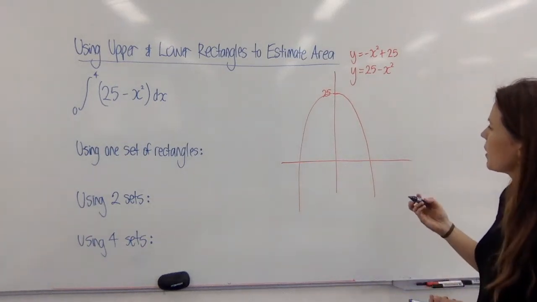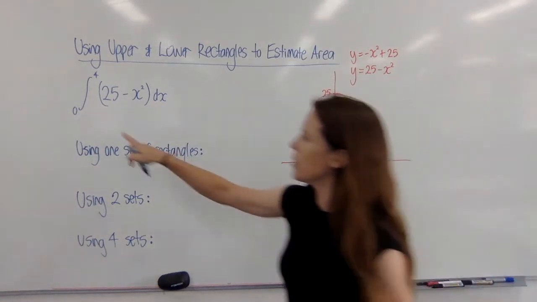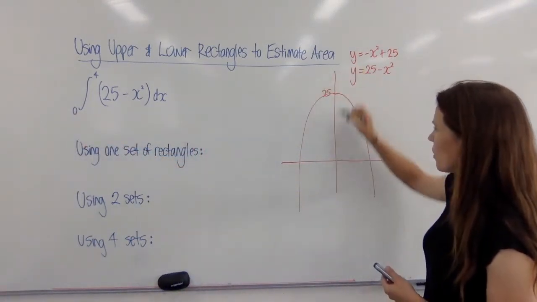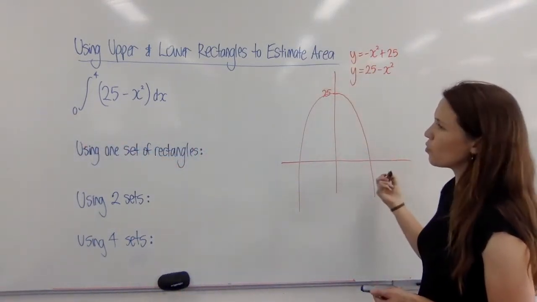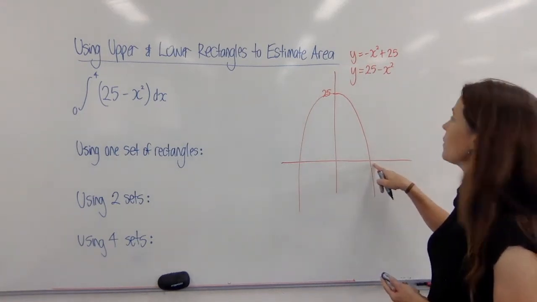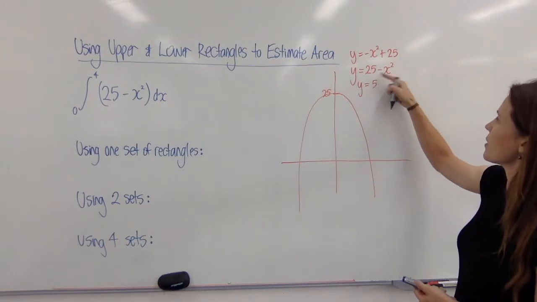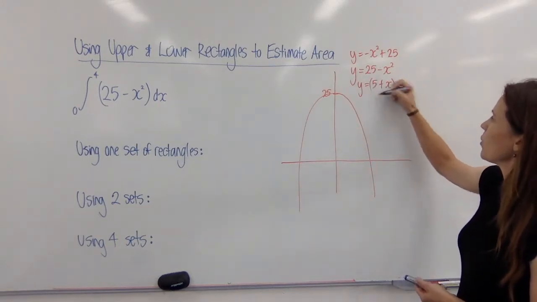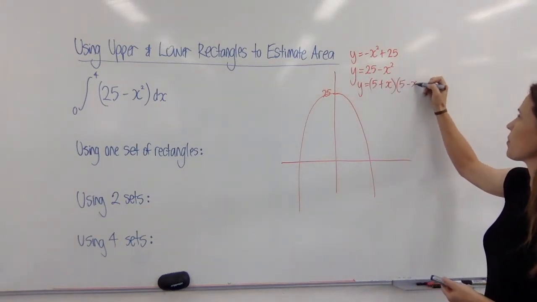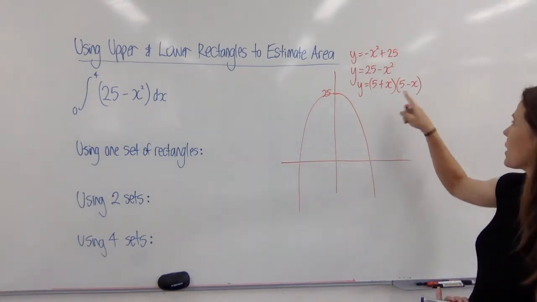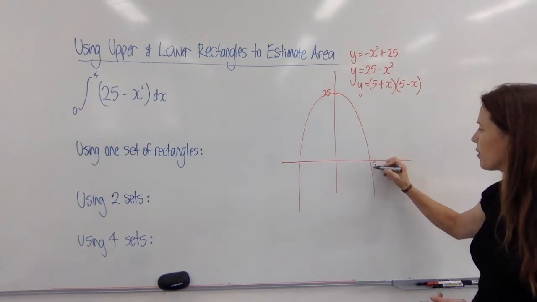Now, we want to find the area between the line x equals 0, which is just the y-axis, and x equals 4. So let's think, what's this point out here? Well, I can easily factorize this and say that's the difference of two squares. Always be on the lookout for that. So if I let y equal 0 to find the x-intercepts, obviously x needs to be 5 or minus 5.